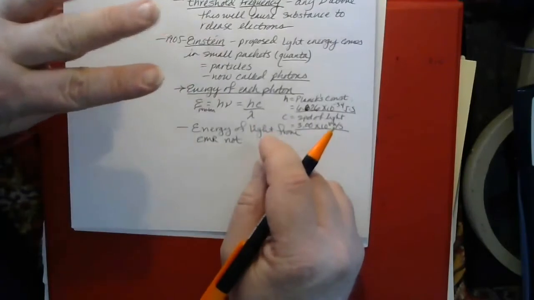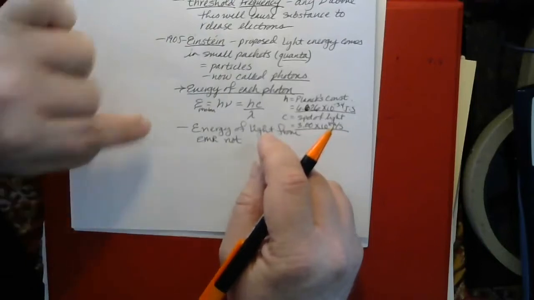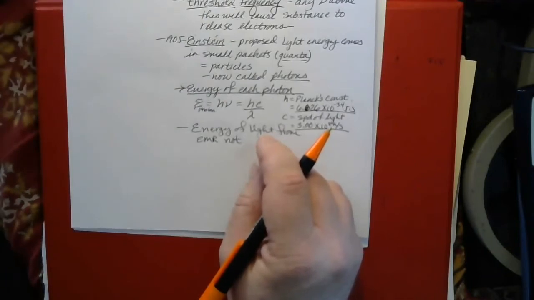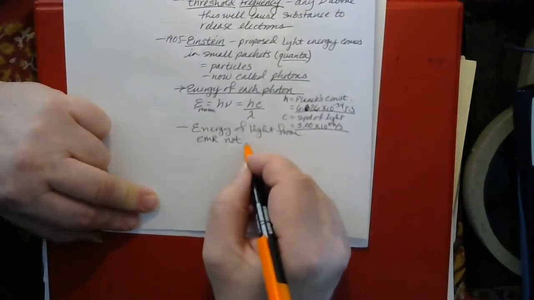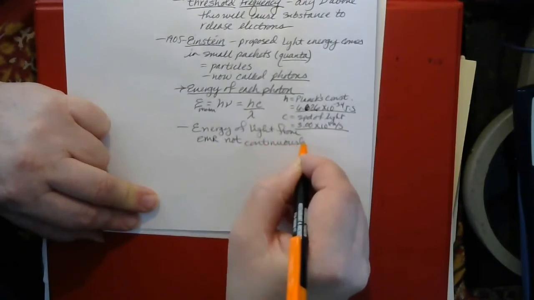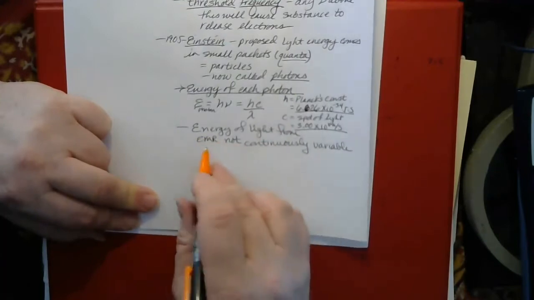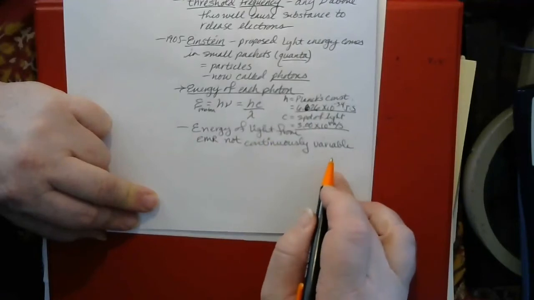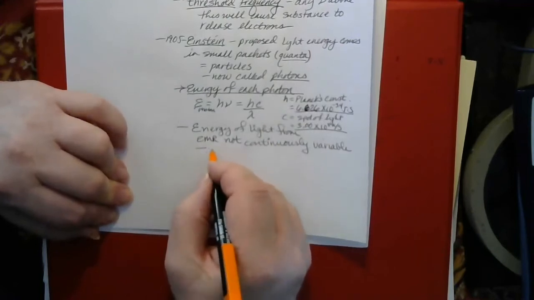For that particular wavelength or frequency of electromagnetic radiation, that is the smallest amount of energy that can ever exist for that particular kind of electromagnetic radiation. So the energy of light from electromagnetic radiation is not infinitely variable. There's a certain minimum amount that you can have.